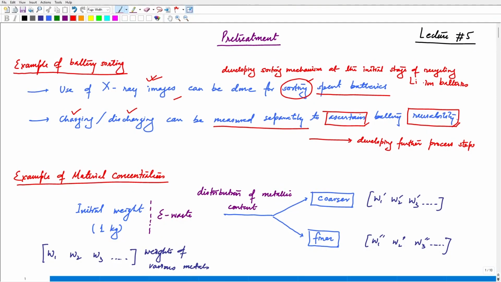Now we will look at an example in material concentration. Let's say if we look at metals. So considering metals, how would we like to make it more concentrated? So supposing that we have an initial weight of 1 kg of, let us say, an e-waste type of waste material, electronic waste.